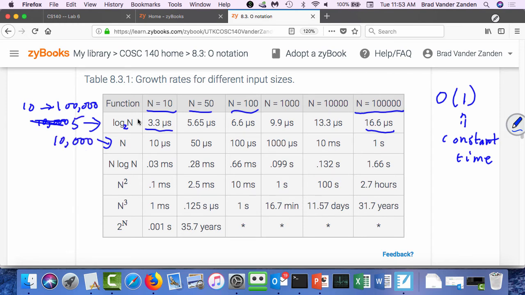This is called log linear. It doesn't increase all that fast because log n doesn't increase all that fast. Now that you know that for log n it goes up by a factor of 5, and for n it goes up by a factor of 10,000, what do you think n log n goes up by a factor of?